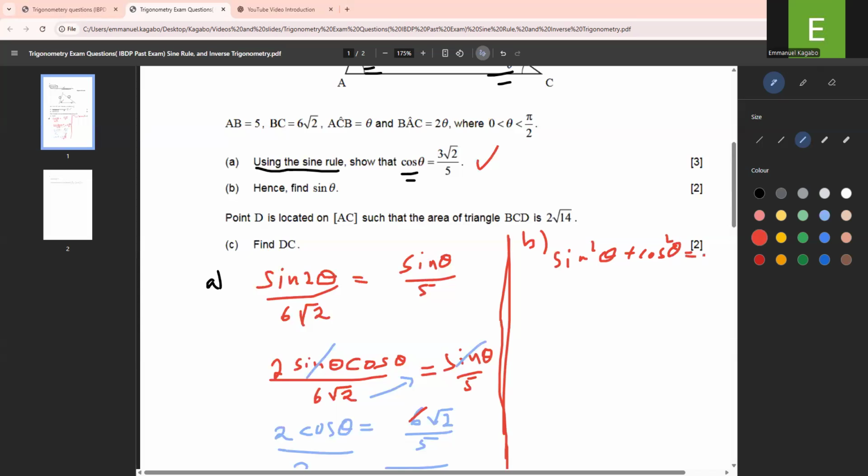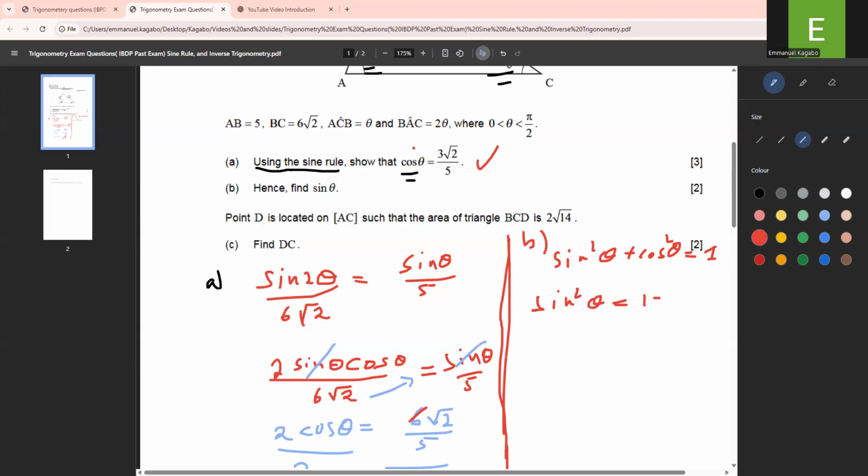You can't do trigonometry when you don't know this. Maybe in one of my videos, I have to prove where this formula comes from because it's the most important formula. Good. Now, we have cos theta, right? So sine squared theta is equal to 1 minus cos squared theta.